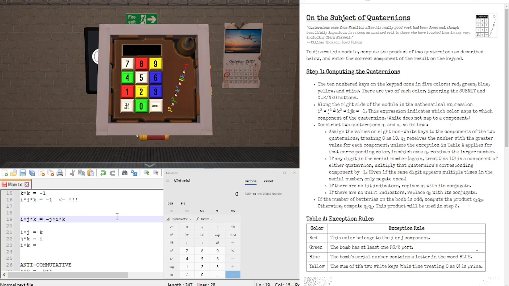And now, using the same logic, if i times k is something, then that something times j times i, times -1, has to be -1, because ijk is -1. So this is still -1, but we can just multiply both sides by -1, getting j times i times k is 1.